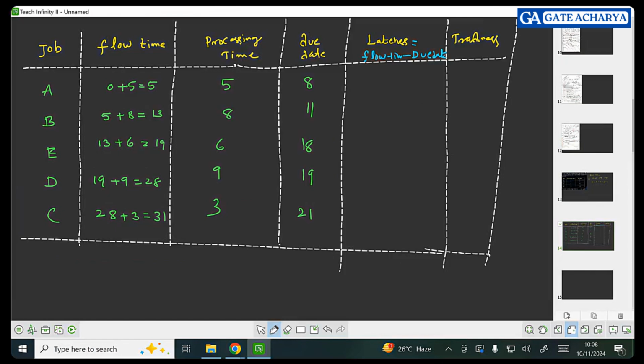Right. Now here it is going to be 5 minus 8 is equal to minus 3. Next 13 minus 11 is equal to 2. Next 19 minus 18 is equal to 1.